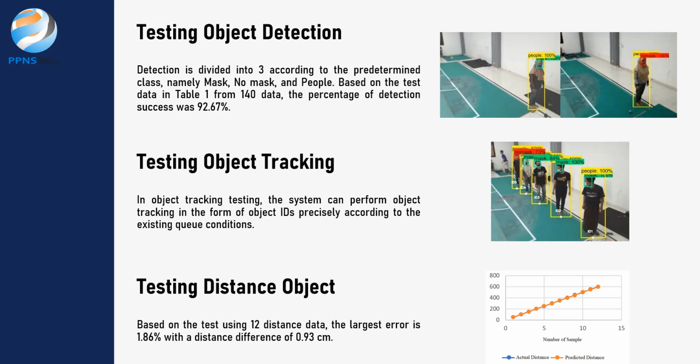Based on the test data in table 1, from 140 data, the percentage of detection success was 92.67%. For the testing of object tracking, we found that the system can perform object tracking in the form of object IDs precisely according to the existing conditions. For the distance measurement using Euclidean distance, based on the test using 12 different distance data, the largest error is 1.86% with a distance difference of 0.93 centimeters.